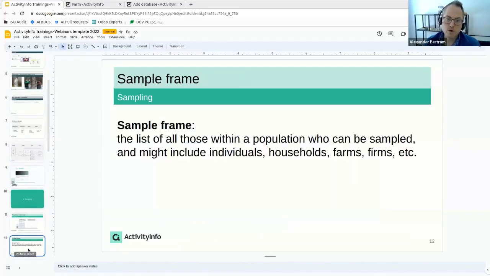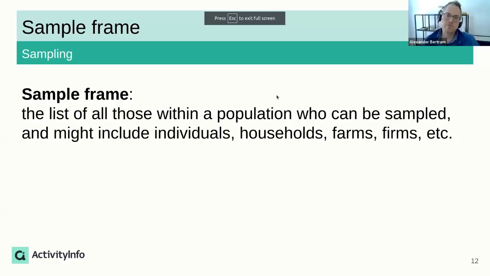In today's example, we're going to use a really small sample just for the purposes of demonstration. But before we can do the sample, we need what's called a sample frame, right? A sample frame is a list of all of the members of the population.